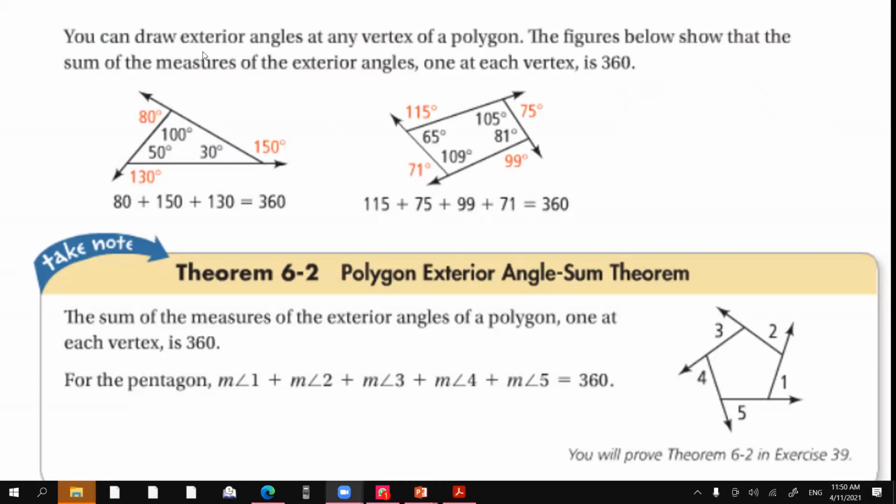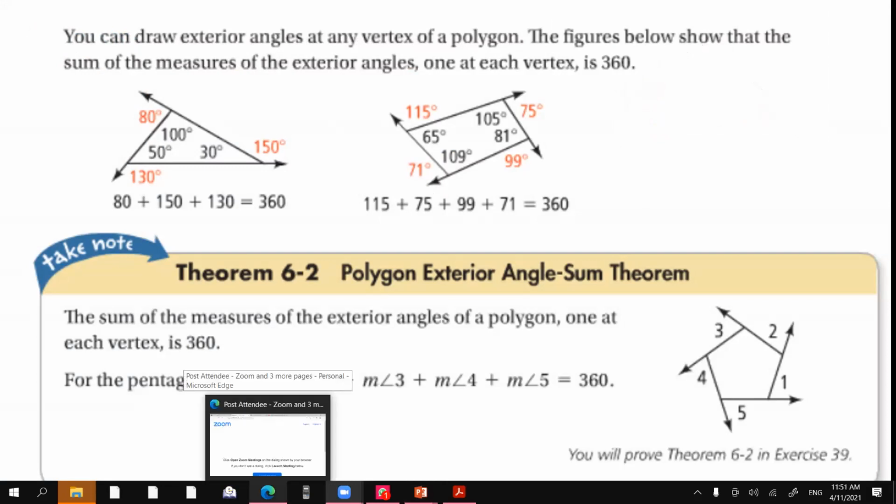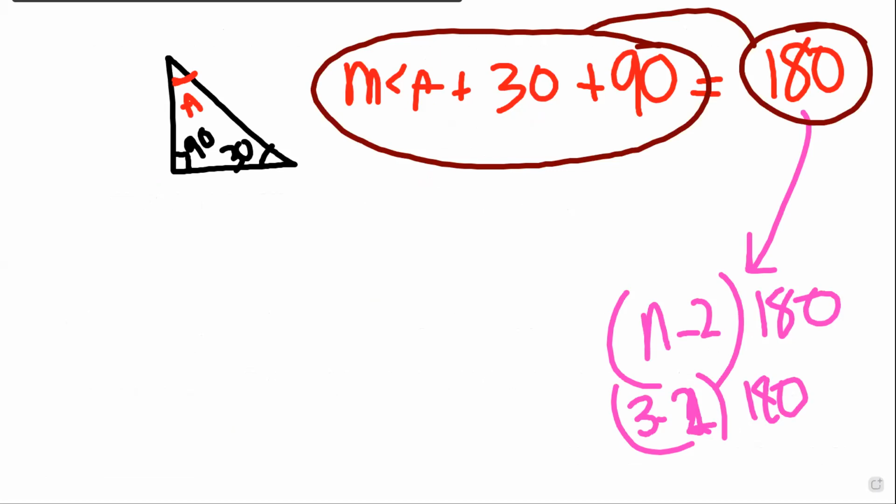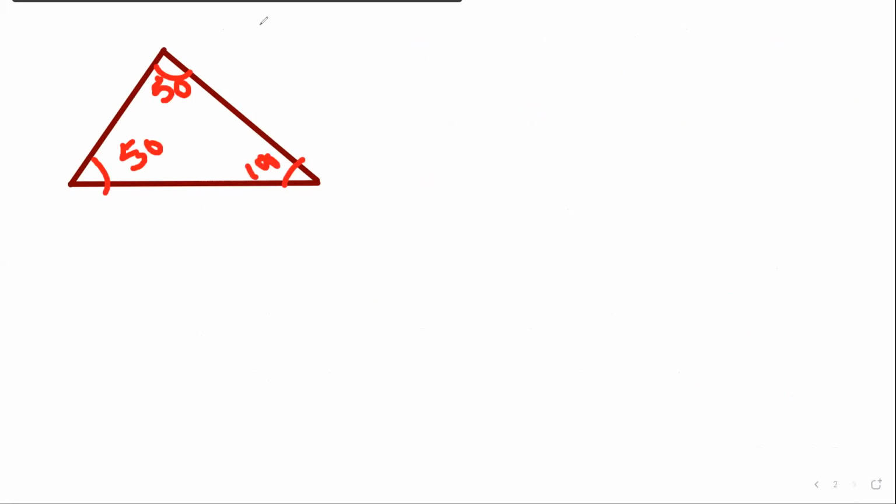If you have this triangle, and for this triangle, as an example, this is 50, this is 30, and this is 100.